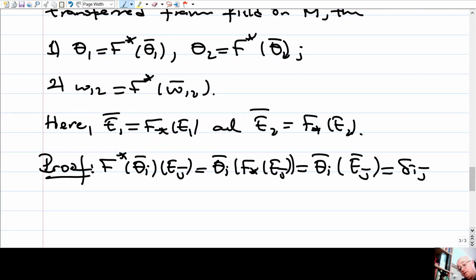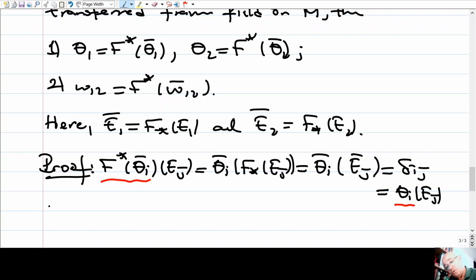But you see, this is also equal to theta i at Ej. So what I see is that this one form and this one form agree on each basis element.